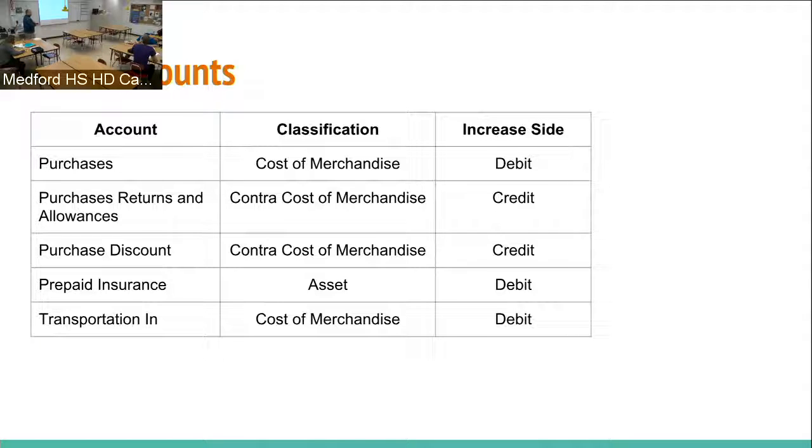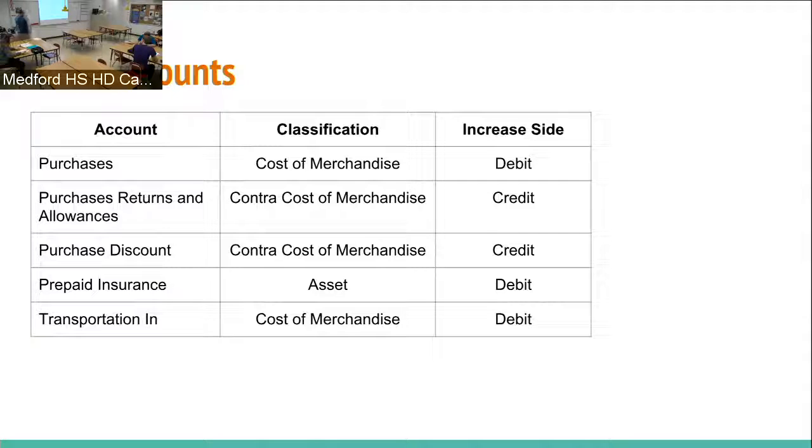If Amazon is offering free shipping, in their problem you're going to see the shipping is free on board destination. Free on board shipping point refers to the buyer being responsible for shipping. So free on board shipping point, the buyer is responsible for it. Free on board destination, the supplier is responsible for it.